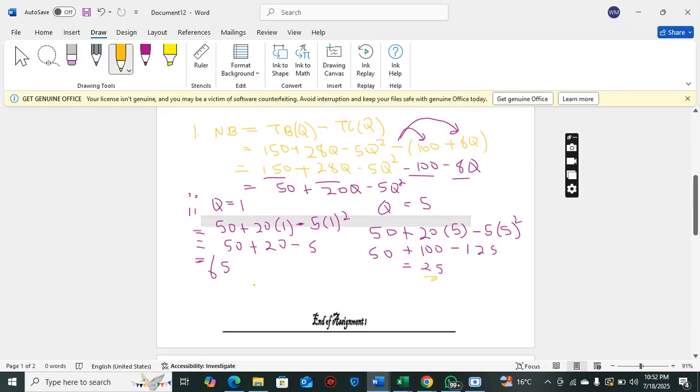Okay, so we say 50 plus 20Q minus 5Q squared.